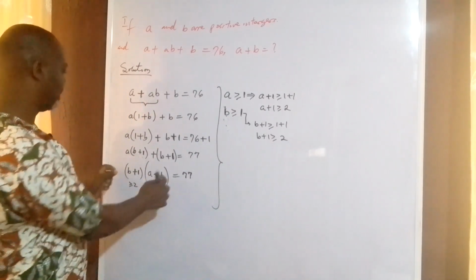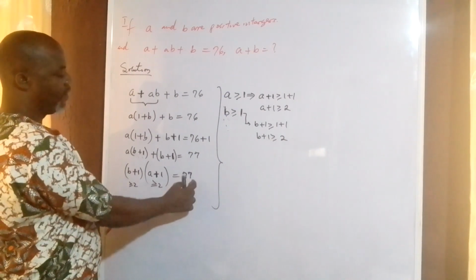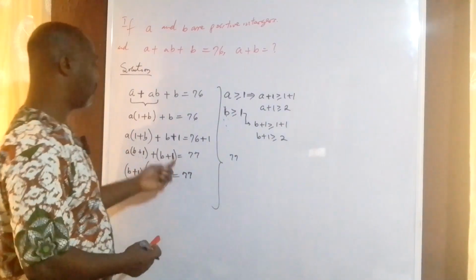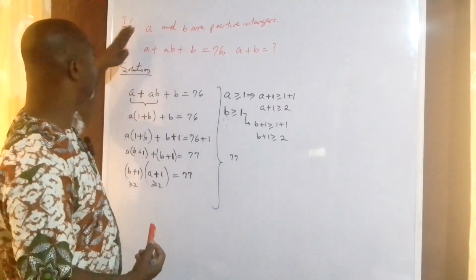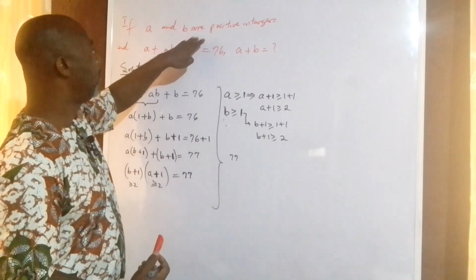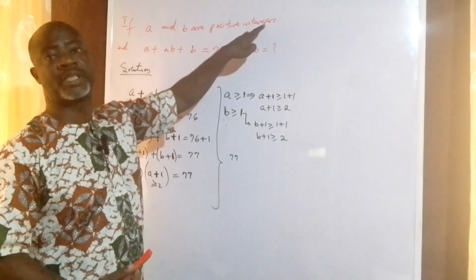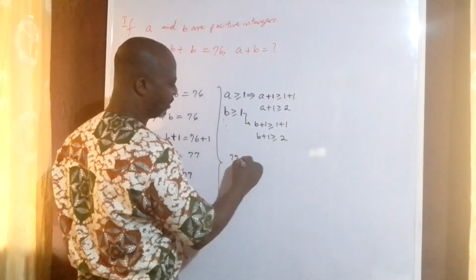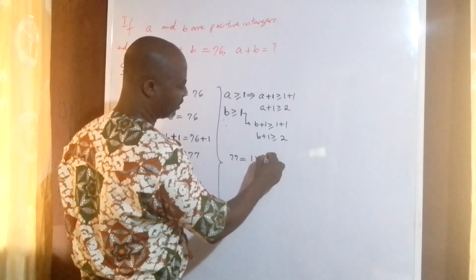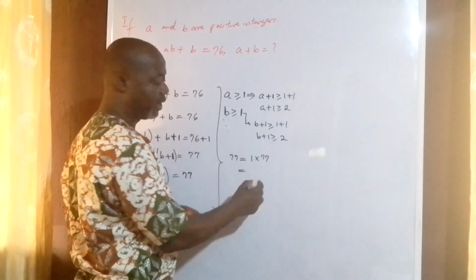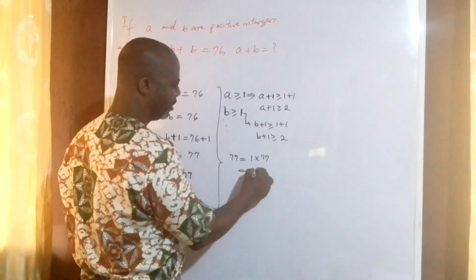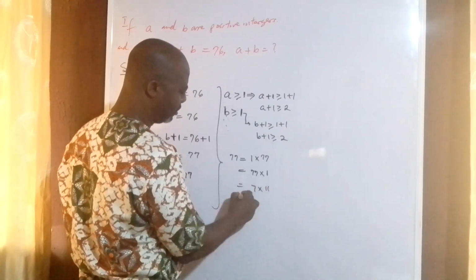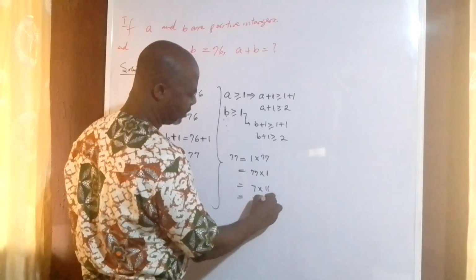Now, since this is the product of two factors, can we find the possible products of 77? Don't forget that we are looking for just the positive factors, since the question from the start indicated that a and b are positive integers. So 77 is the same as 1 times 77, or if we reverse the order, 77 times 1, which can also mean 7 times 11, or 11 times 7.